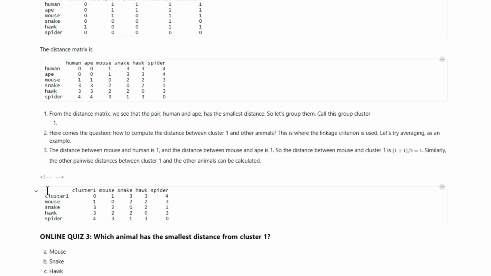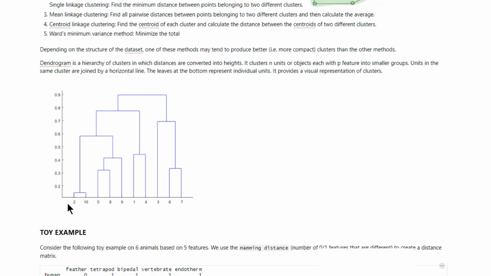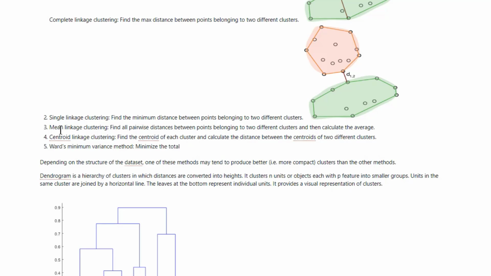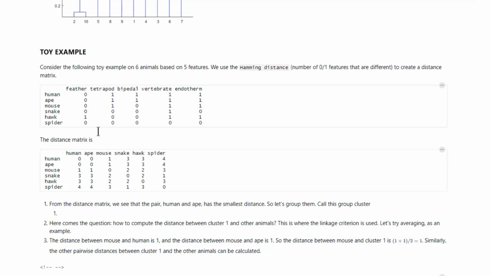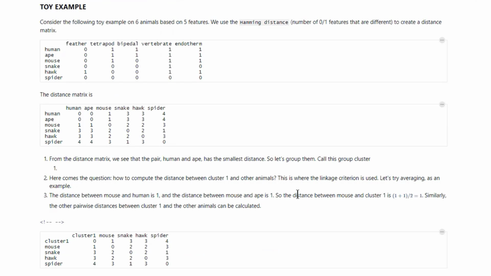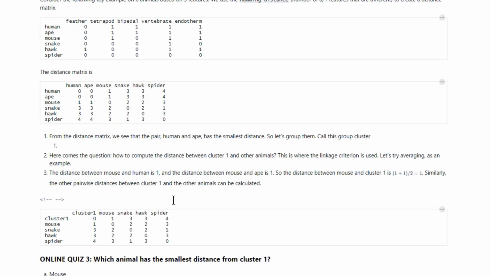In order to find the distance between a cluster and an observation, we can use one of the techniques like single linkage clustering, mean linkage clustering, and so on. Here we have used the mean linkage clustering, and so the distance between mouse and cluster 1 is (1 + 1) divided by 2. The distance between mouse and human is 1, and the distance between mouse and ape is also 1, and so the mean of these two is 1. Similarly, the other pairwise distances between cluster 1 and other animals can be calculated.